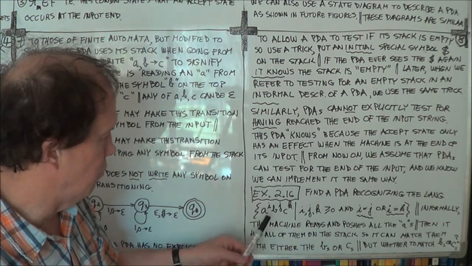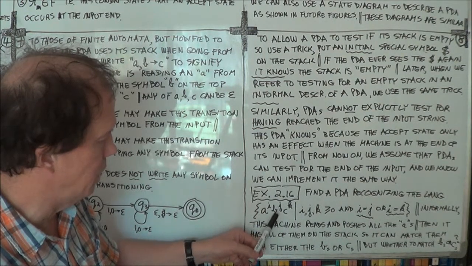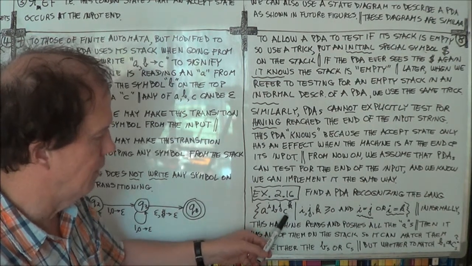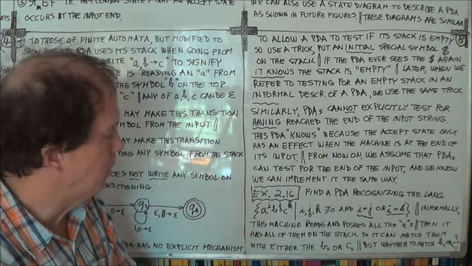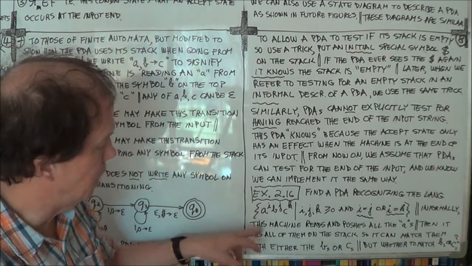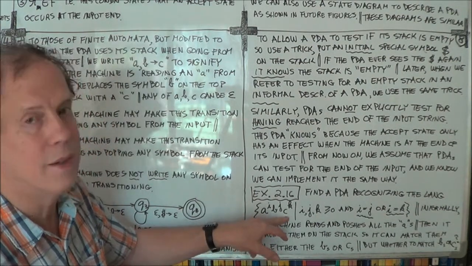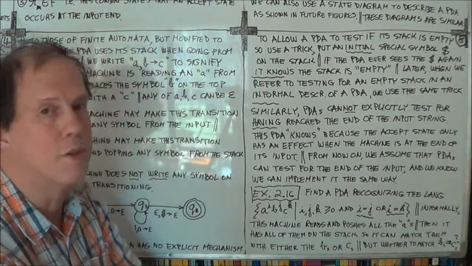And then it'll try to match that number of a's with either the number of b's or the number of c's. Trouble is, this machine doesn't know whether it's to match the a's with the b's or the a's with the c's. Well, that's probably a clue to you.